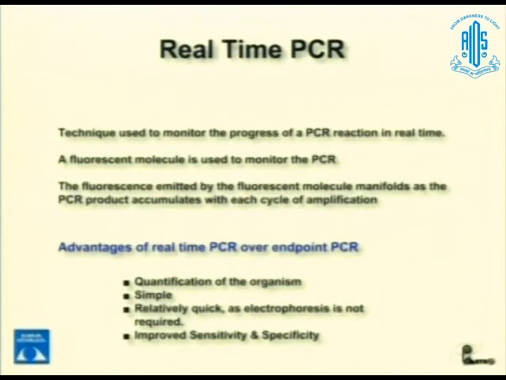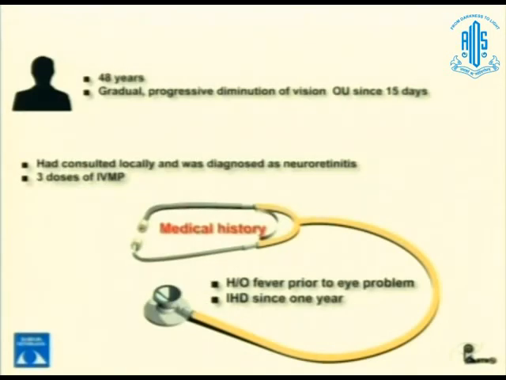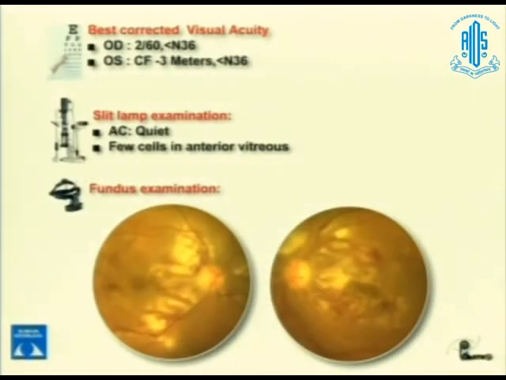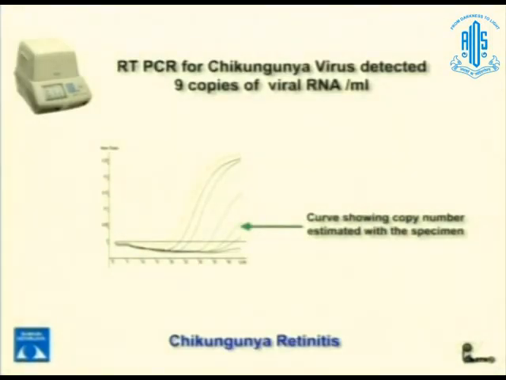Now, how is it useful? We'll show. I use the term quantification of the microorganism. See, this is a patient who presented with this atypical retinitis. He gave us the history of some kind of viral fever, following which he had developed this diminution of vision. So we took this aqueous aspirate and sent for real-time polymerase chain reaction.